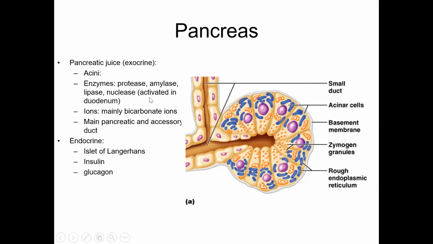In terms of what enzymes can be made in the pancreas, here's the list. Proteases are the enzymes for protein digestion. Amylase is for carb digestion. Think about this: amylase can be made in the pancreas, but also in the salivary gland.